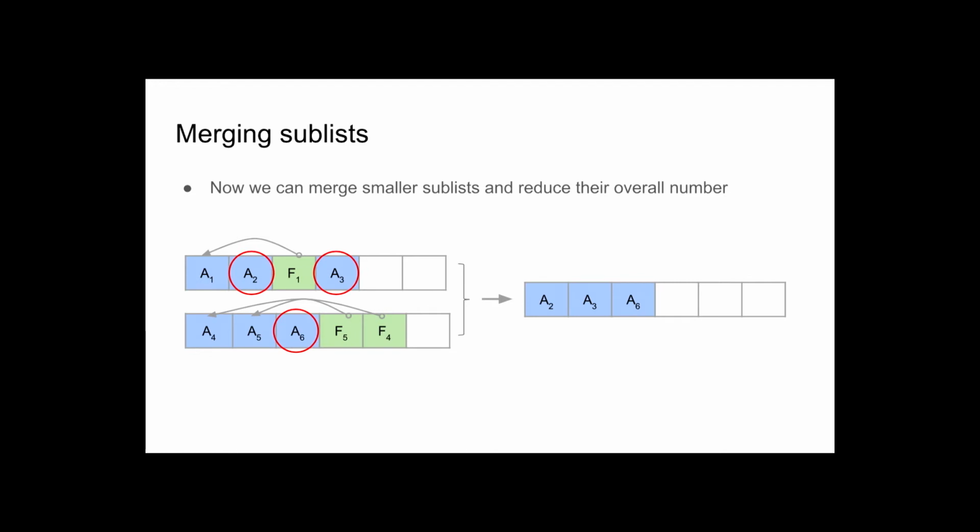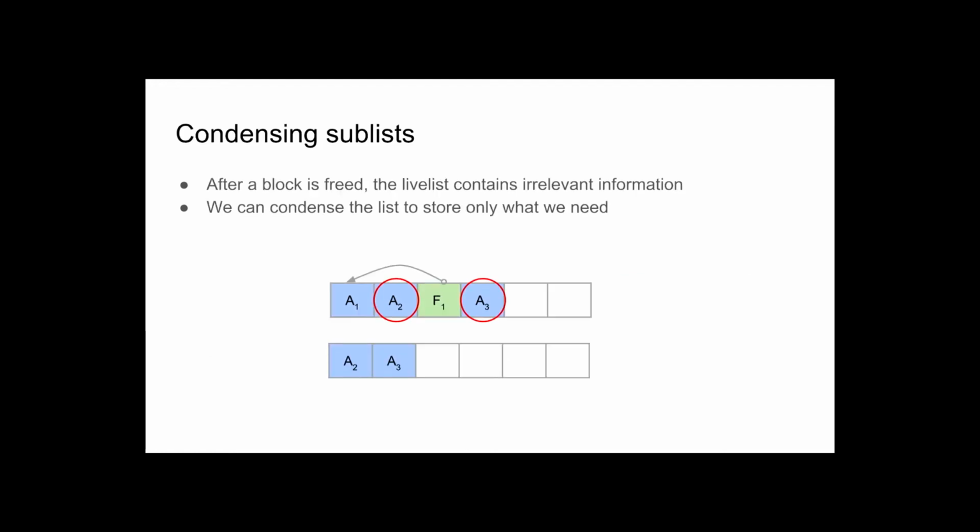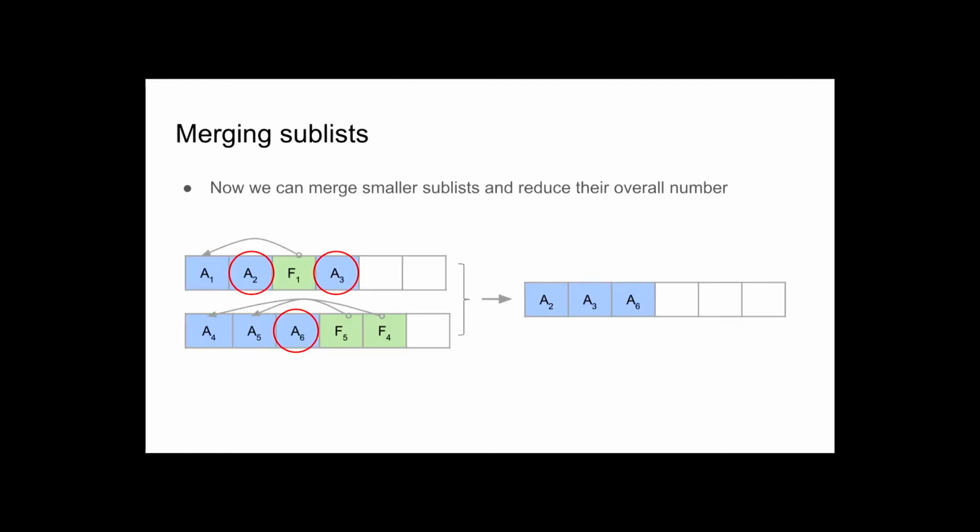Well, since we've compressed these things into a smaller sublist, if they're under half of the maximum size of the sublist, then we can merge them together and reduce the overall number of sublists. So here we've deleted everything with a corresponding free, and then we've merged it together in one sublist that basically stores information more compactly and is information we actually care about when we're deleting.